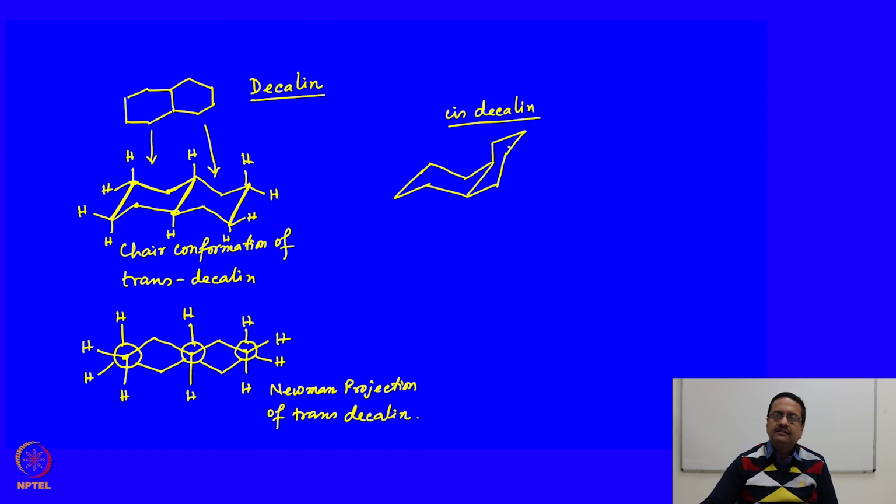So, this is the cis decalin isomer. So, now if we try to draw the Newman projection of that, again we take these three bonds to look at it.